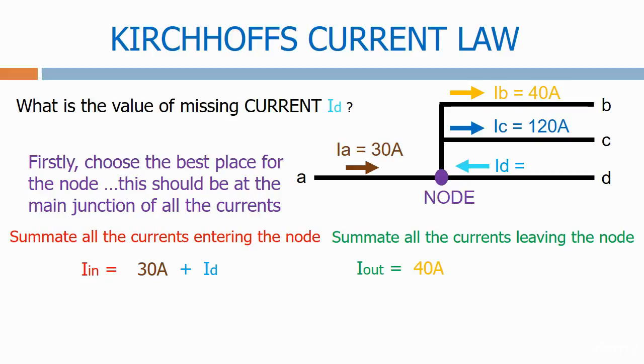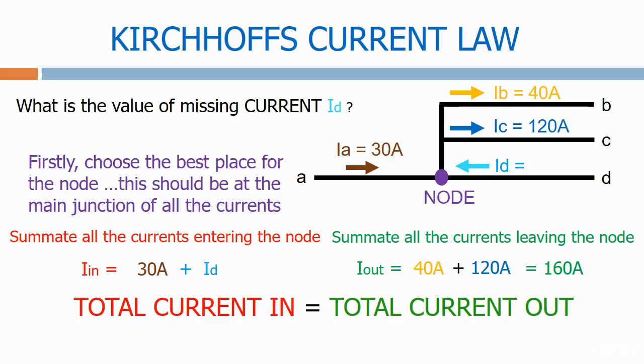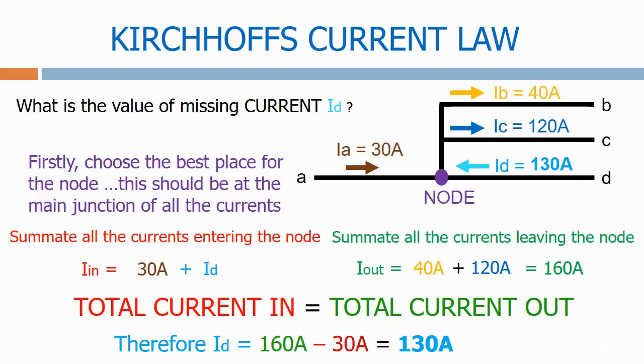I out equals IB, which is 40 amps, plus IC, which is 120 amps, equals 160 amps. Total current in equals total current out in Kirchhoff's. Therefore ID is 160 amps minus 30 amps equals 130 amps.